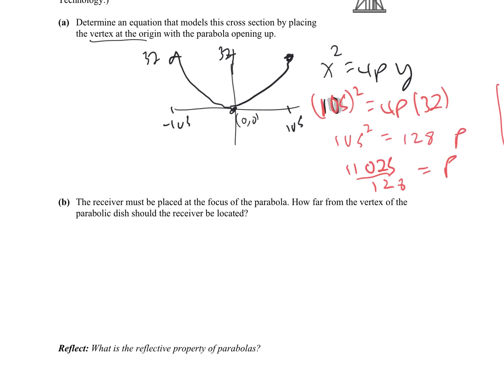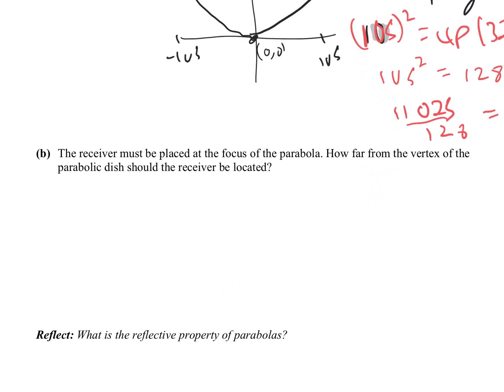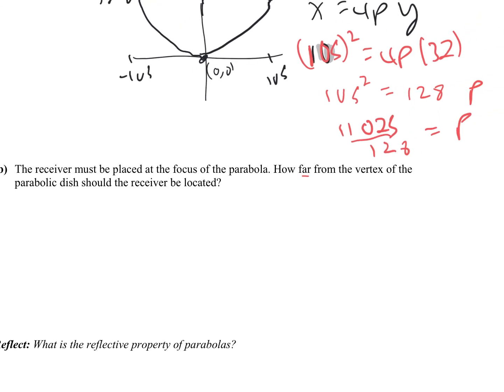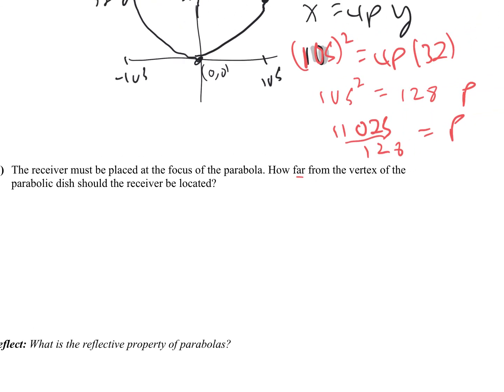What did part B say? The receiver must be placed at the focus. That's what I was telling you. How far from the vertex of the parabolic dish should the receiver be located? I told you I couldn't tell how far it was supposed to be by the numbers they gave me, but we know that p is the distance, 11,025 over 128. Let me go back to the calculator and see roughly what it is.